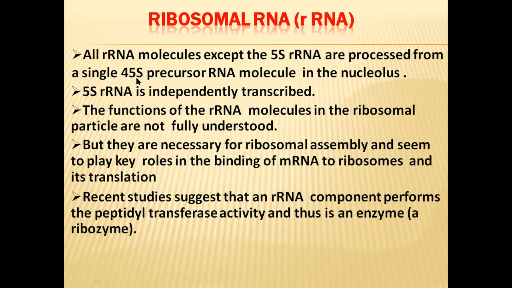So from this 45S precursor, the remaining four types of RNAs will be formed. 5S RNA will be produced individually or separately. And recent studies say that these rRNA components help in forming the peptidyl transferase enzyme activity.